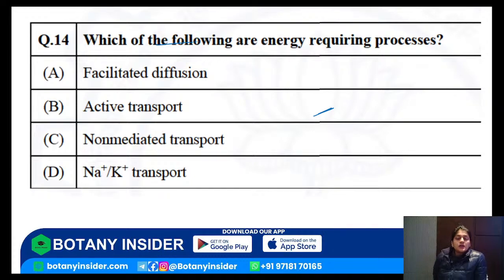Facilitated diffusion, active transport, non-mediated transport, sodium potassium transport. Mark it. Okay.